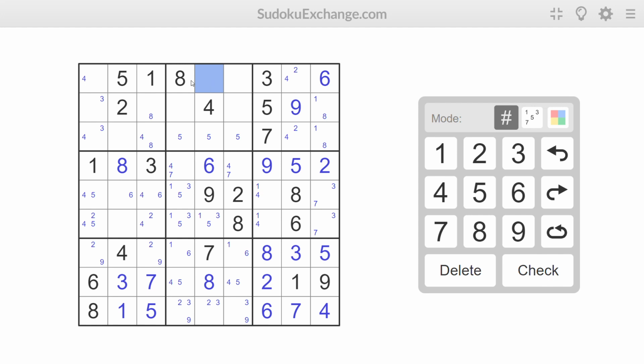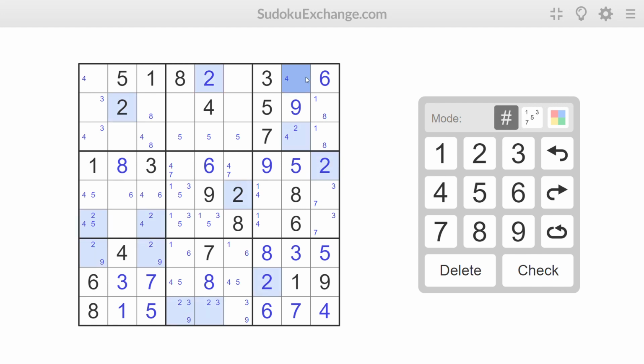A 1 sees this cell, 2 we don't have, 3 sees this, 4 sees this, 5, 6, 7, 8 and 9. So we're left with only 2 which can appear here. Let's put a 2 here, which leads us to eliminate this 2 here.